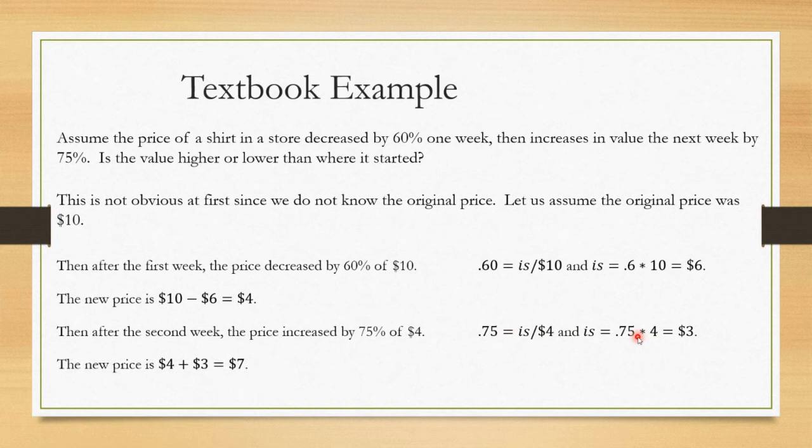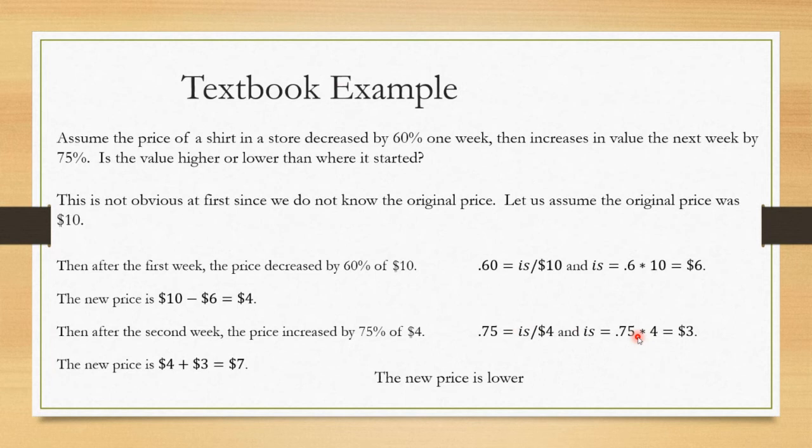As you can see, the new price in the end, $7, is less than what we started. So we get this conclusion: the new price is lower than what we started with. I chose $10 kind of randomly, but if you chose something different, say $100 like the book does, you will get the same conclusion.